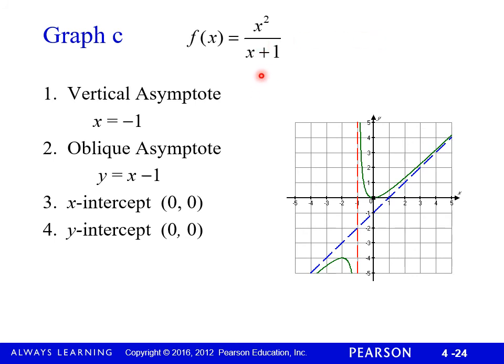When we're looking for the x-intercept, we set the numerator equal to 0 and get 0. And for the y-intercept, we set all the x's equal to 0 and get 0 over 1, which also gives us 0. So the x and y-intercept are actually the same in this problem because they occur at the origin.